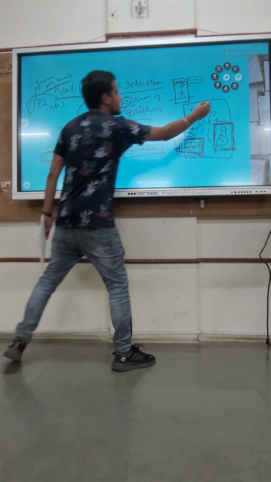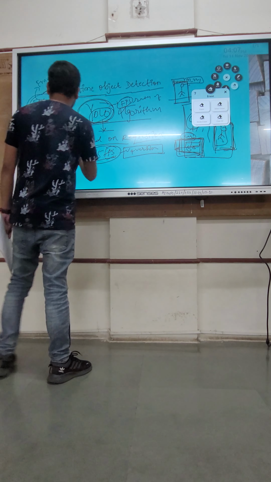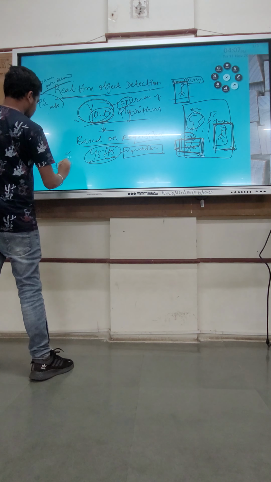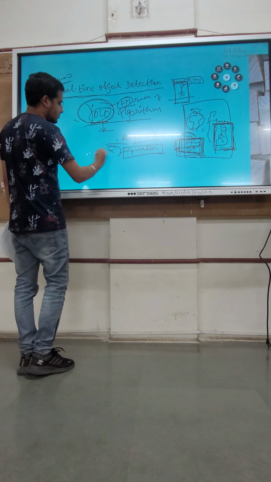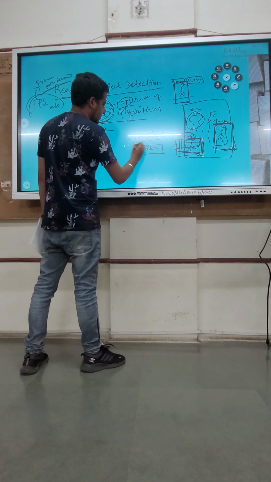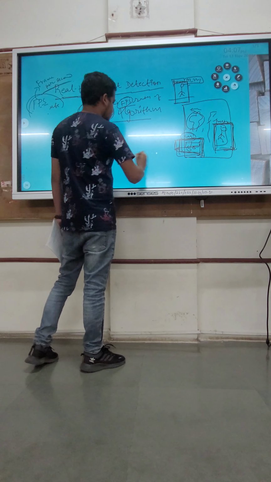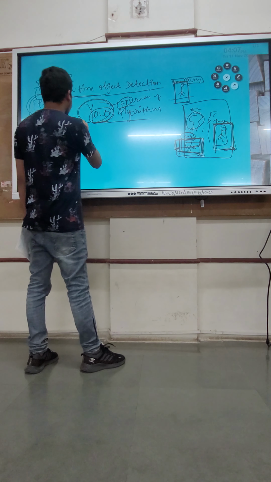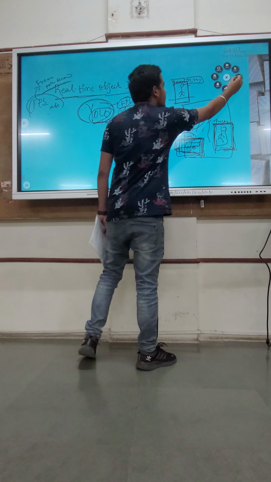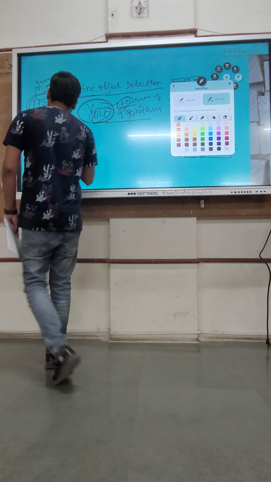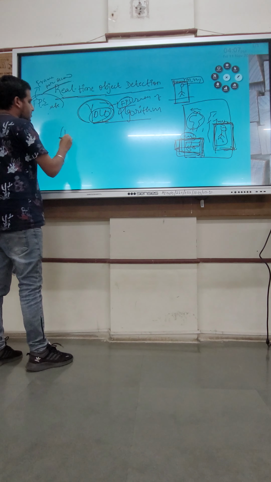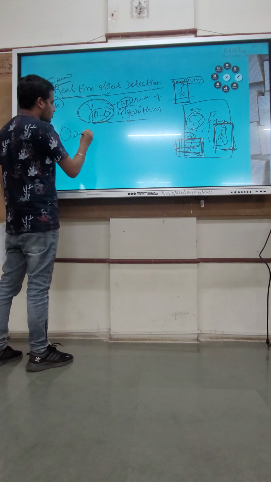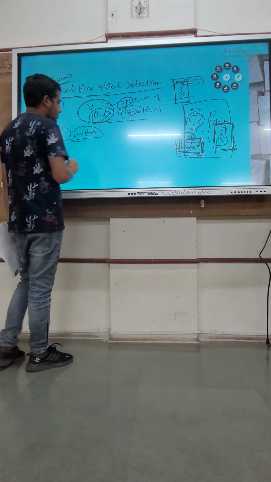So now we will see the main part, how the object is detected in this. When we give some images to this YOLO function, how is it detected? For the first part, for detection, the first important part is data. Now where can we get the data?